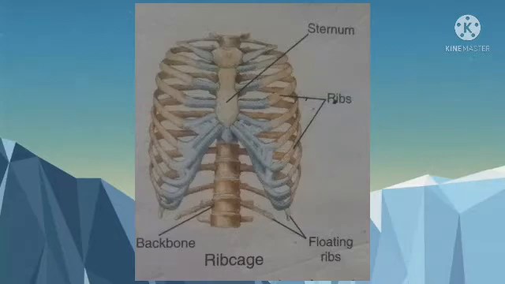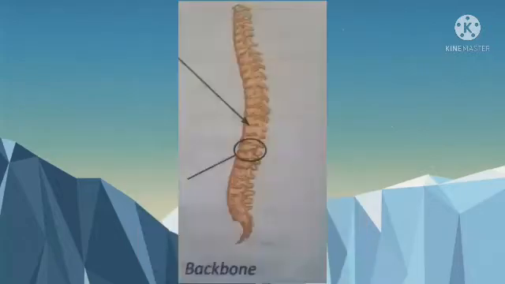The rib cage protects our heart and lungs. Rib cage is formed by 12 pairs of bones. Next, backbone. The backbone is found in the middle of our back. It is made up of 33 small bones called vertebrae. The backbone protects the spinal cord.